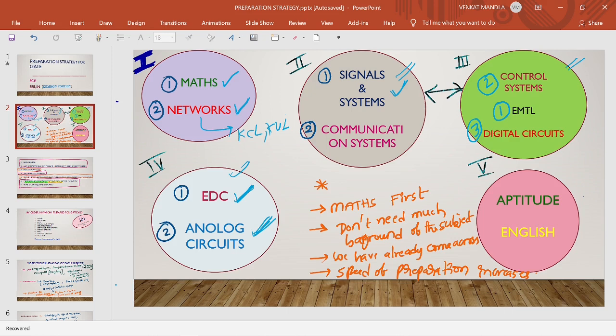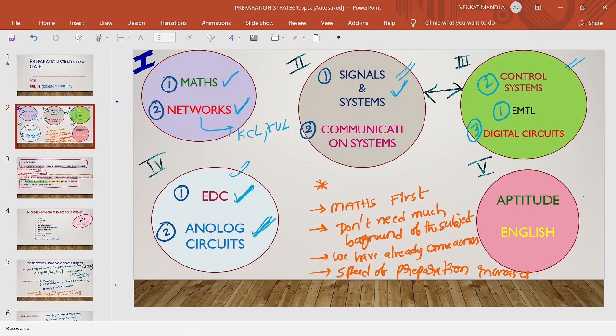So to analyze these circuits, we need the background concepts of these devices. That's why I have put an order here. First EDC, next analog circuits.